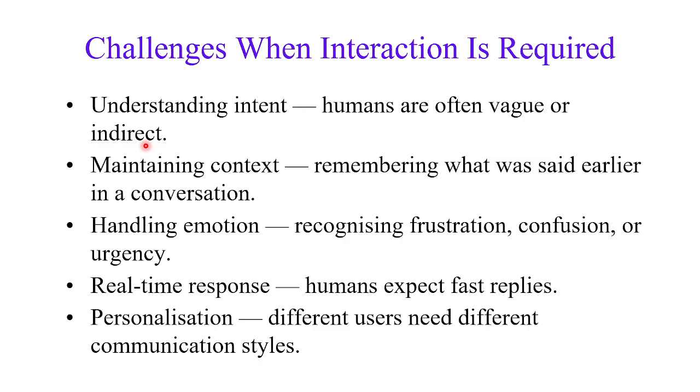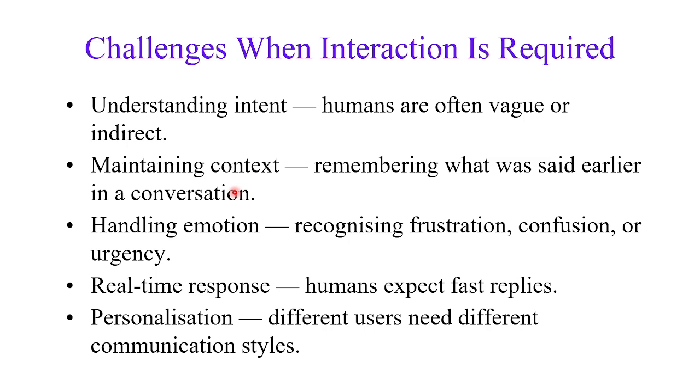When someone says, "Can you get me something to eat?" a human friend knows what that means based on the context. An AI has to decode this kind of utterance reliably. Second, maintaining the context. In a multi turn conversation, the AI must remember what was said earlier.